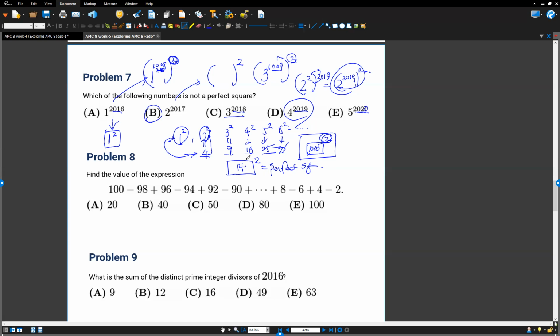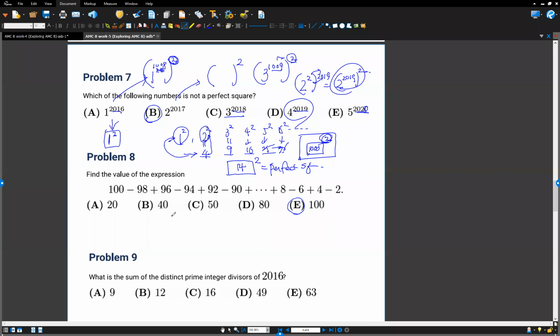E. I got E. You got E. I also got E. Because there are 100 numbers in them, and every 2 pairs you get 2.